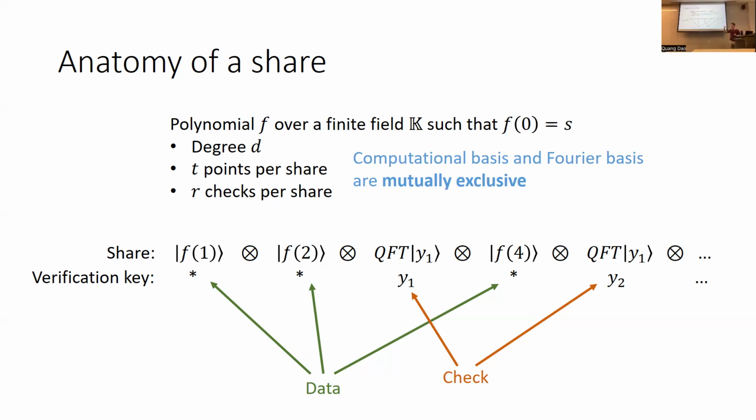I should have moved to the next slide before saying that, because that's what this slide says: the Fourier basis and the computational basis are mutually exclusive. If we measure this in the computational basis, then you can't find y1. On the other hand, if you measure this piece in the Fourier basis, you can't find f(4). And since you don't know which positions are which, you don't know which measurement to perform on each position.